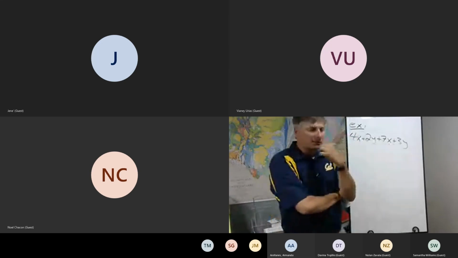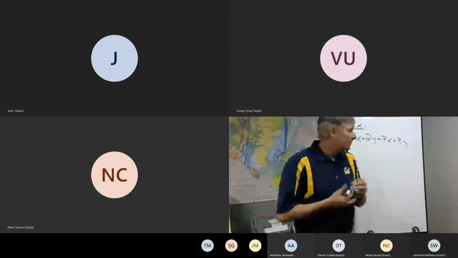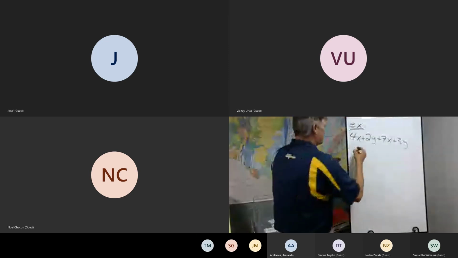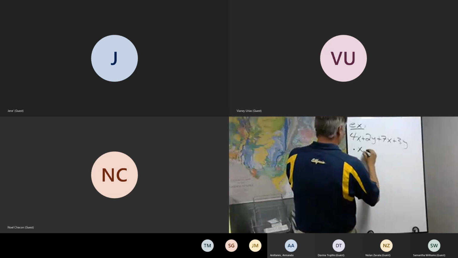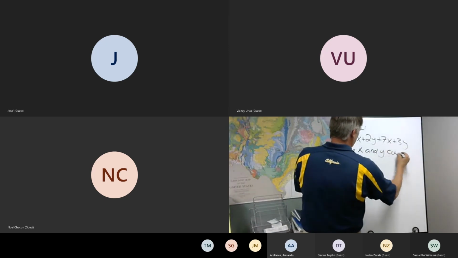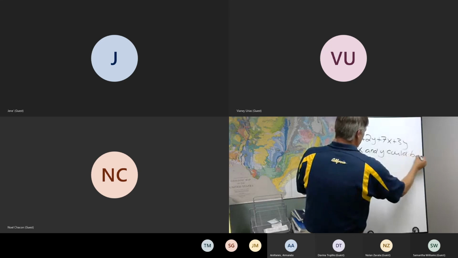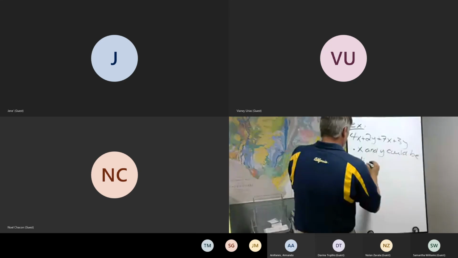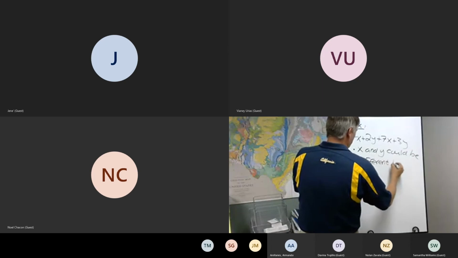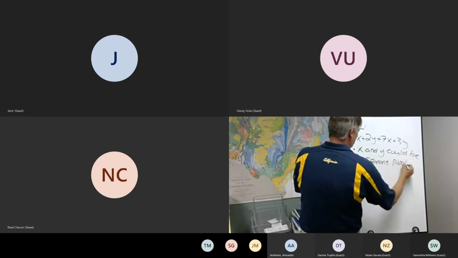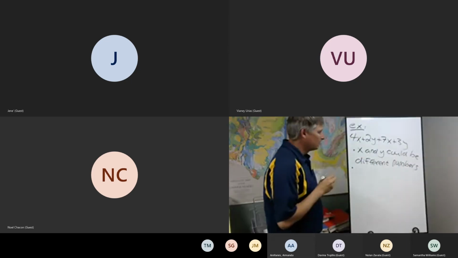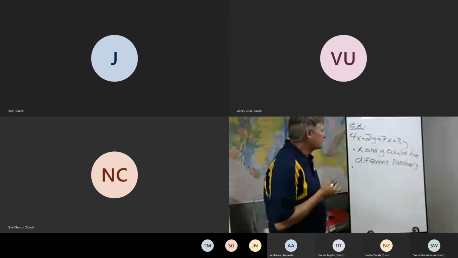Now, why is that important? Well, the reason is x and y could be different numbers. They could be two different numbers.